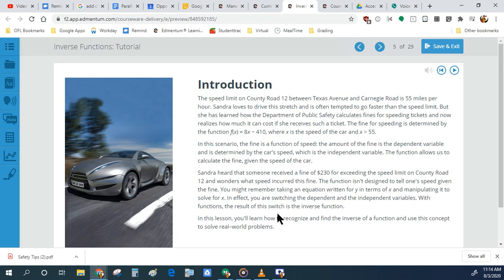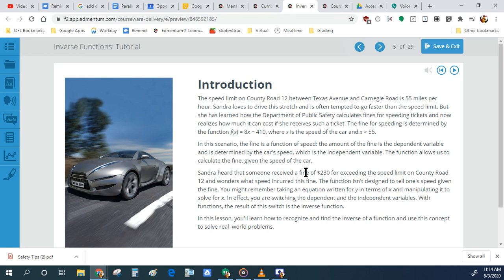But what if you're given a ticket that already has a specific cost? If you already know what the fine for the ticket is based on your speed, you can backwards engineer it to figure it out. That's not just a matter of plugging into y. You can create another equation, and that's what these inverse functions are going to be.